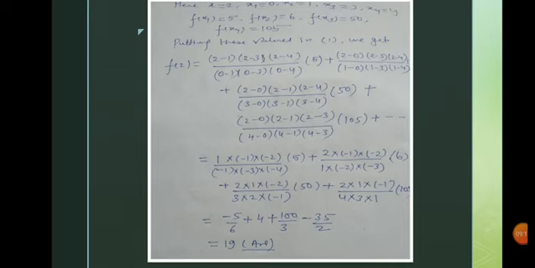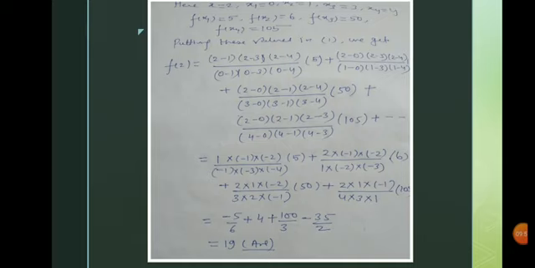Now what about the second term? The second term is (2 minus 0) means 2, into (2 minus 3) means minus 1, into (2 minus 4) means minus 2, upon 1 into minus 2 into minus 3, and the value of f(x2) is 6 here. Now what is the third term? The third term is 2 minus 0 means 2, 2 minus 1 means 1, 2 minus 4 is equal to minus 2.